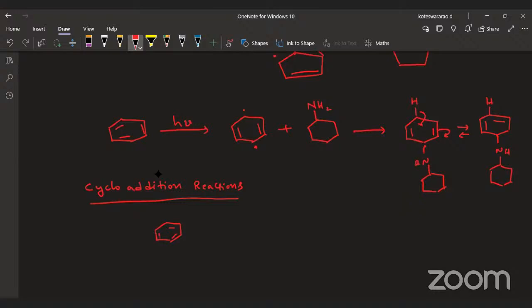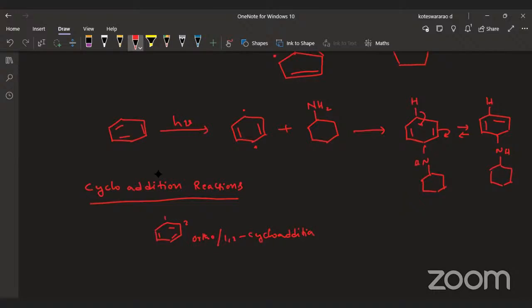If the 1,2 position is involved, such reactions are ortho addition reactions, or 1,2 cycloaddition.